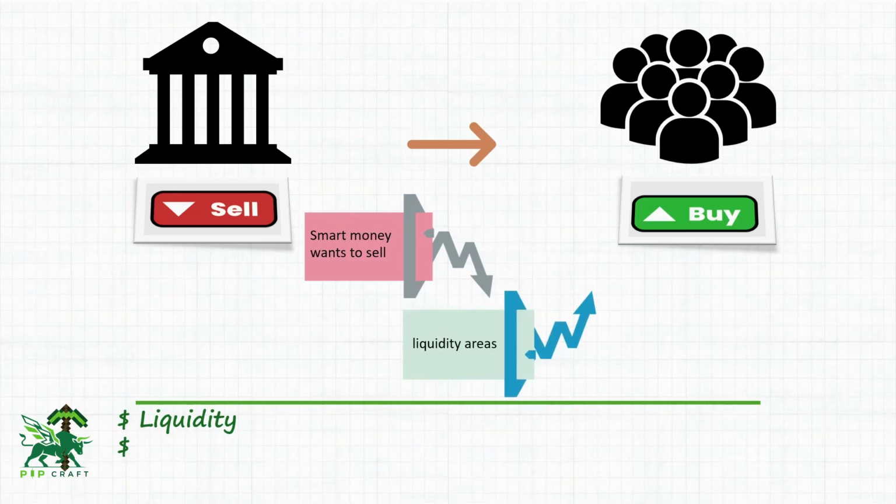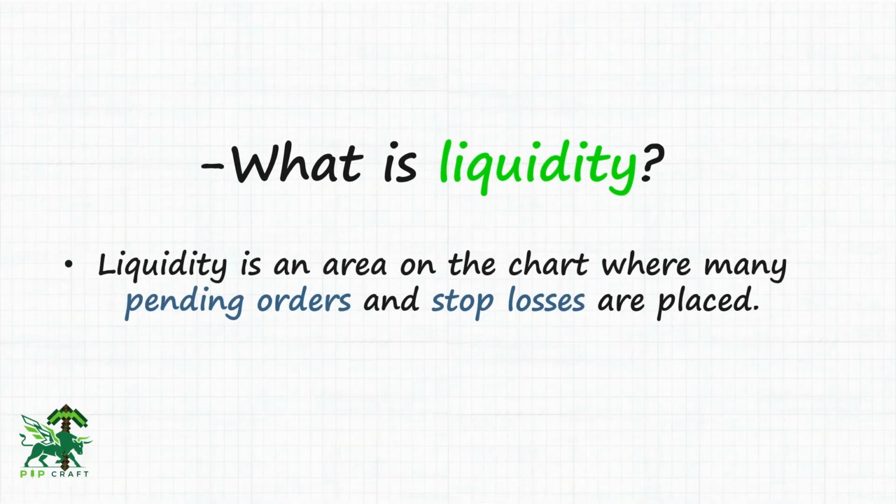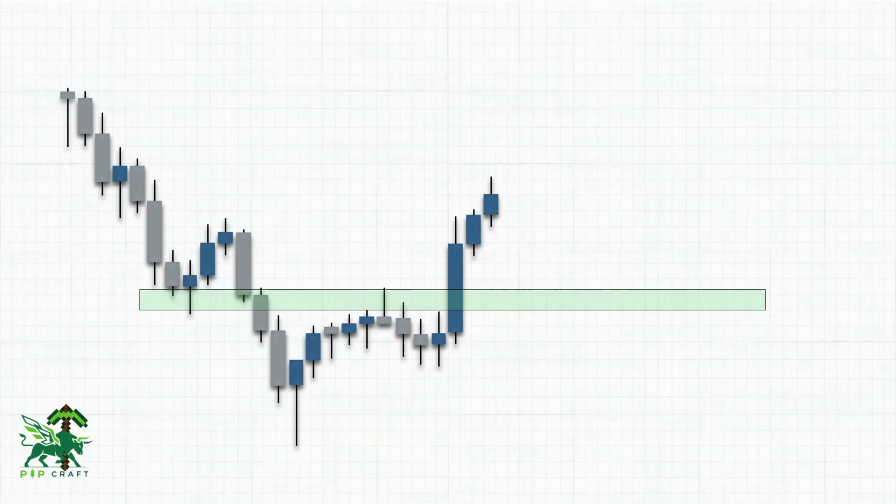That's how liquidity works. In technical analysis, liquidity is an area on the chart where many pending orders and stop losses are placed. Imagine if this is our recent price action. If the price pulls back to this support area, many traders see it as a buying opportunity because it has acted as both support and resistance recently, making it a strong market structure level that can push the price higher.